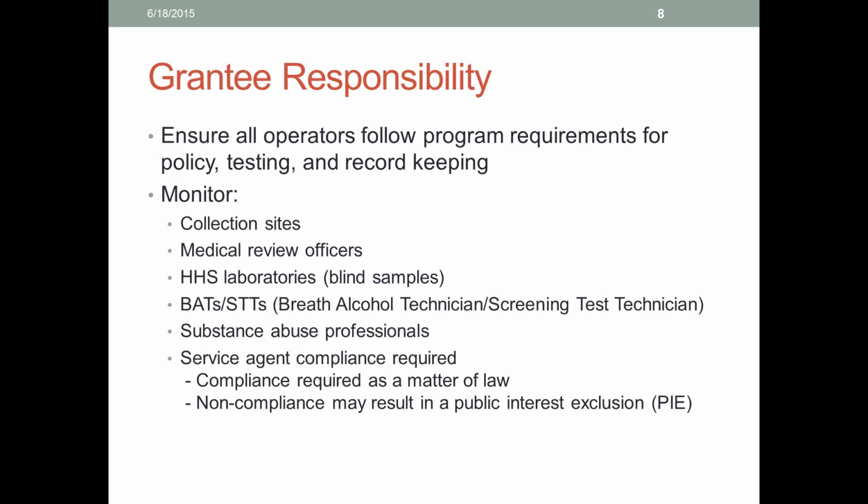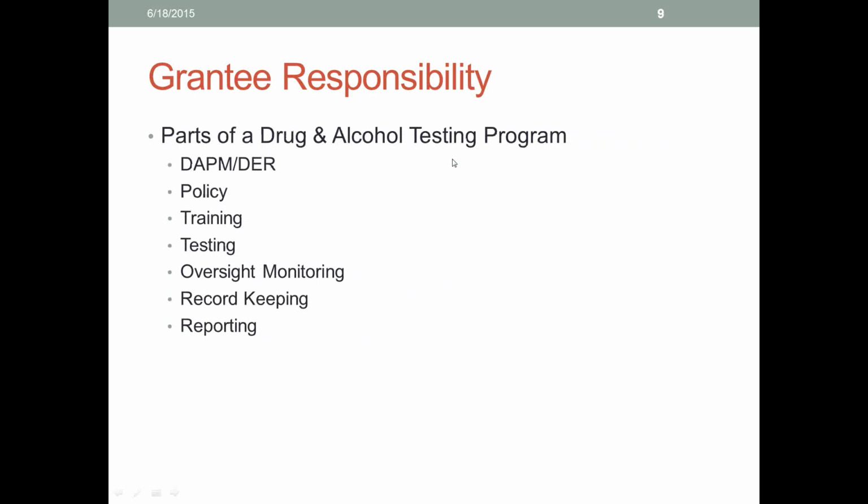And most of them, by and large, are doing their job. But that is one of the potential consequences for not participating in the program in a compliant manner.